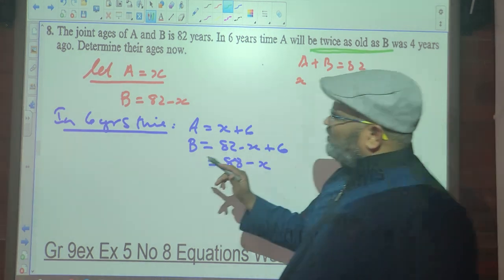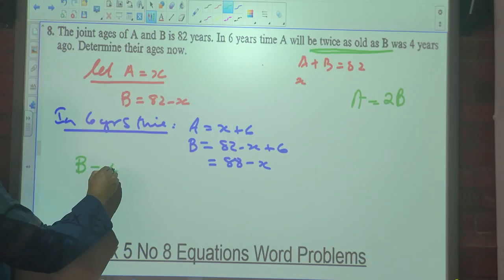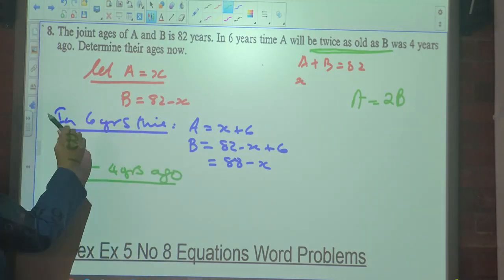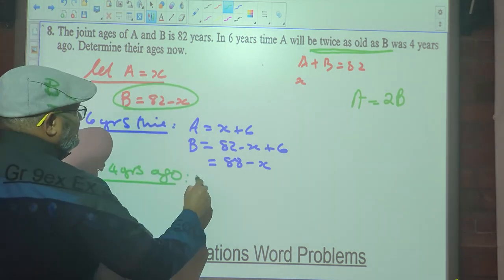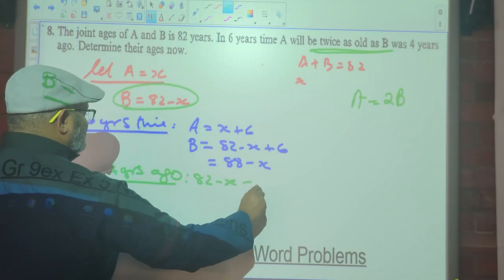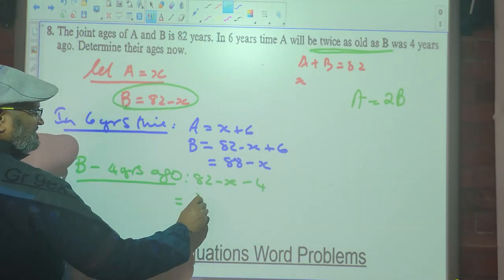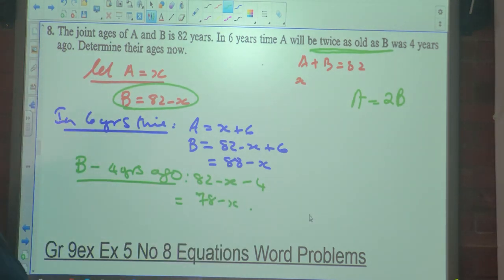So how old was B 4 years ago? How old is B presently? 82 minus X. So it's going to be 82 minus X minus 4, which is 78 minus X. So let's go again.